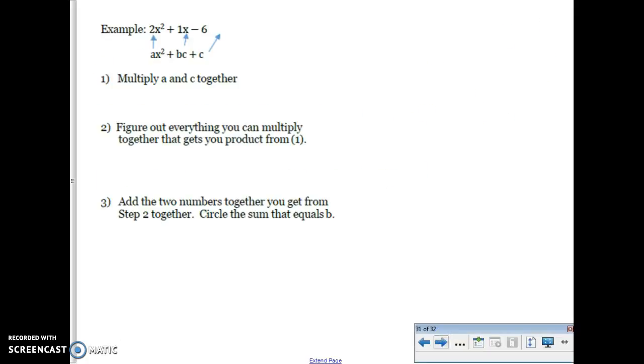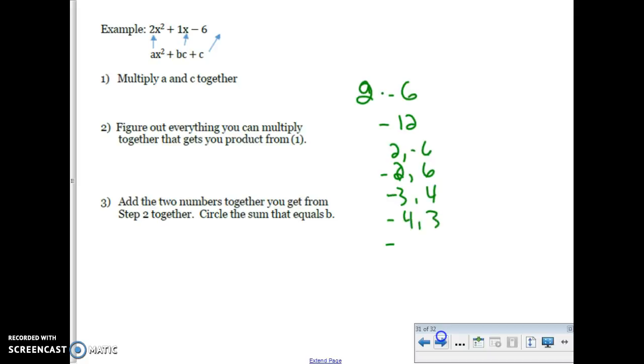Step 1, multiply a and c. 2 is a, and 2 times negative 6 gets me negative 12. Step 2, figure out everything you can multiply together that gets me the product from step 1. I got 2 and negative 6, negative 2 and positive 6, negative 3 and 4, negative 4 and 3, negative 1 and 12, negative 12 and 1.